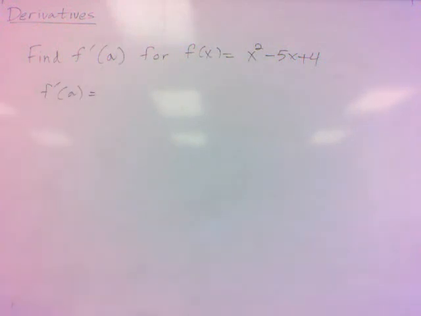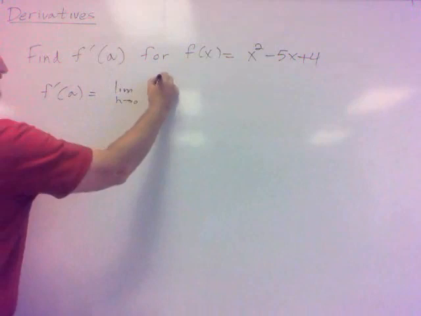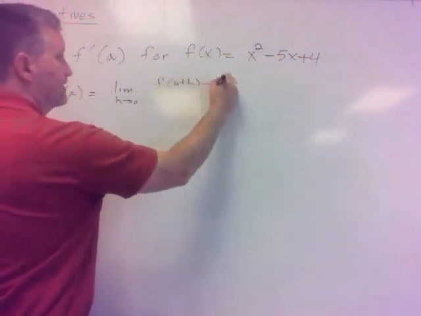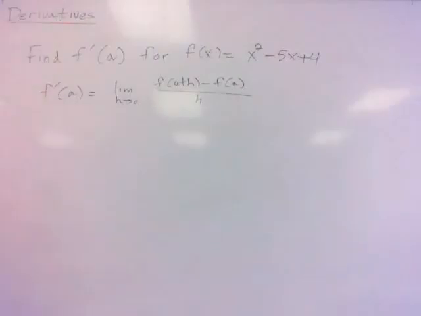Well, you know, the derivative does equal the slope of the tangent. However, by our definition of derivative now, we know that it's the limit as h approaches 0 of f of a plus h minus f of a over h.